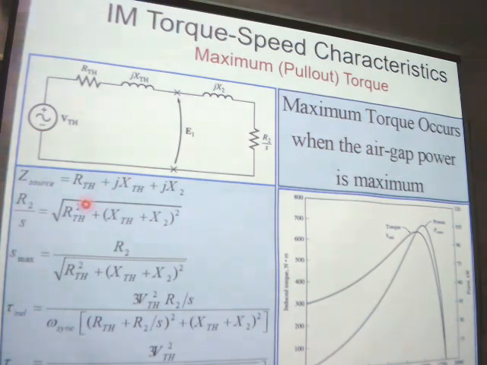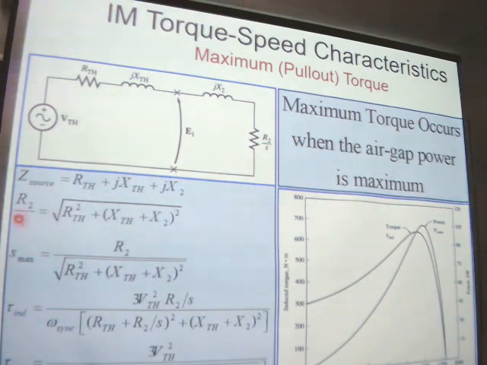Because they are vectors, we use the square: RTH squared plus the two inductances squared. When this equation holds, we have the maximum torque.